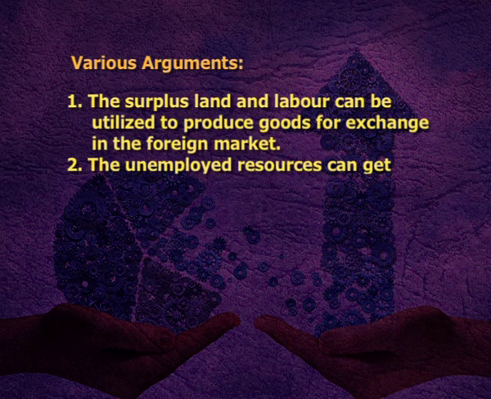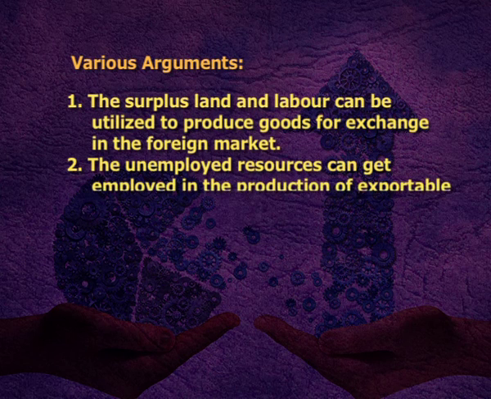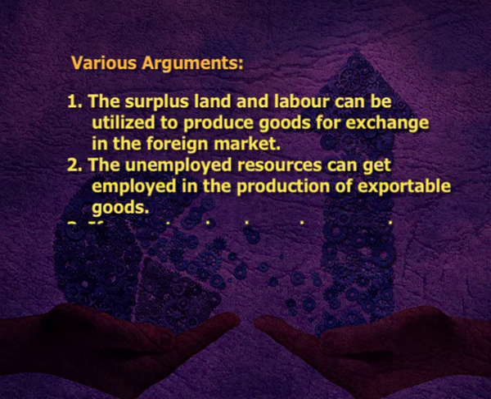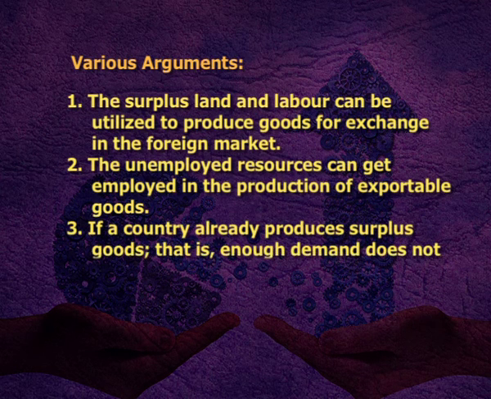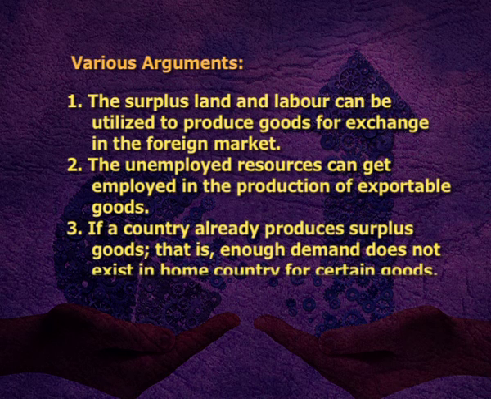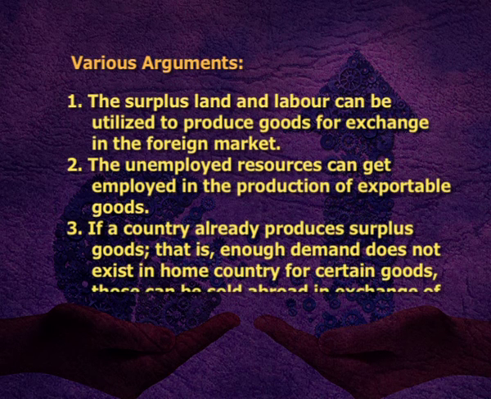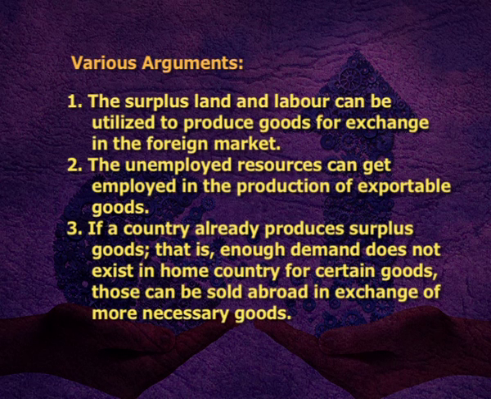Second, the unemployed resources can get employed in the production of exportable goods. Third, if a country already produces surplus goods, that is, enough demand does not exist in the home country for certain goods, those can be sold abroad in exchange of more necessary goods.